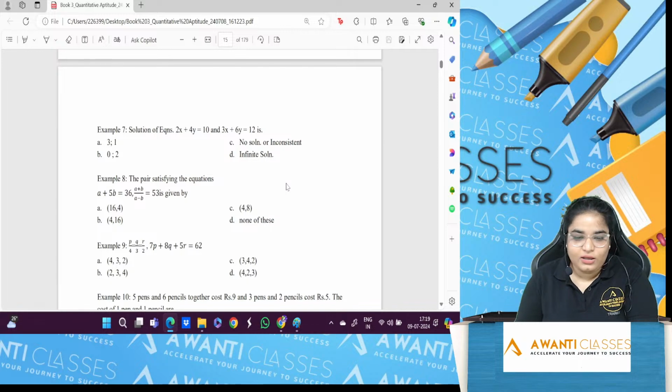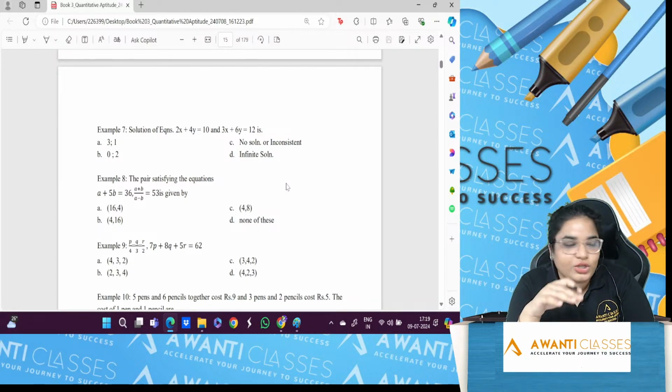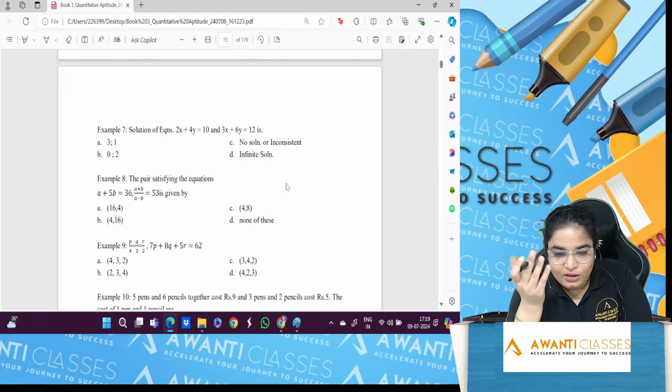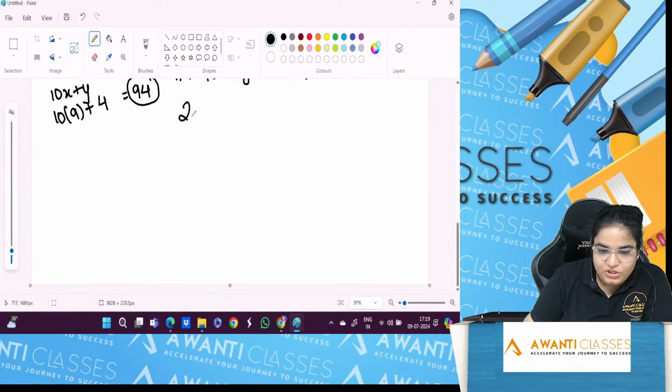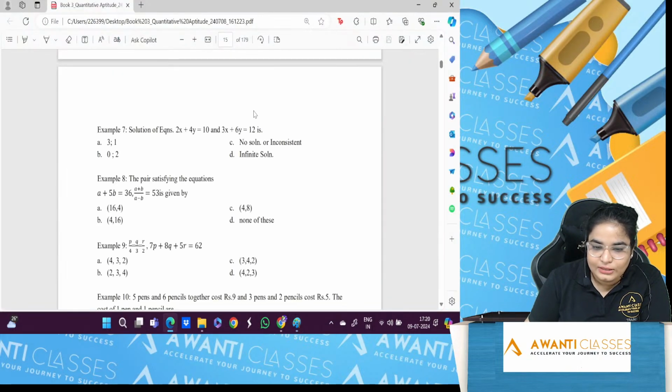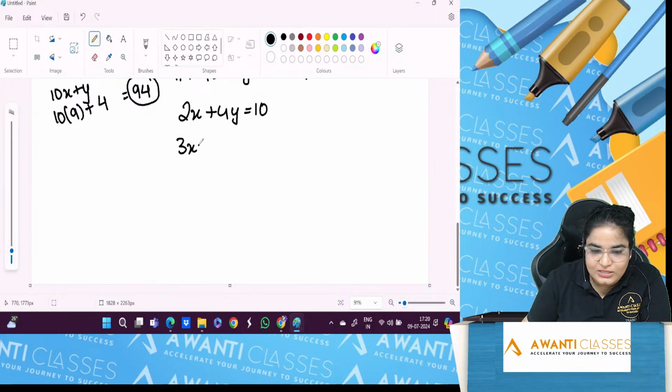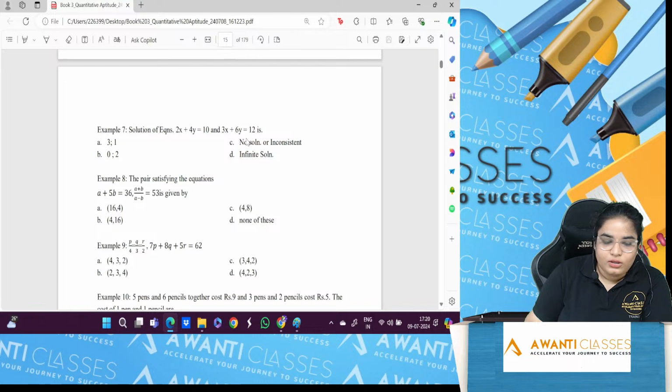How? Why? Option C says no solution or inconsistent. Why? Let us see. What is the first equation? The first equation is 2x plus 4y is equal to 10. And then the second one is 3x plus 6y is equal to 12. Okay?